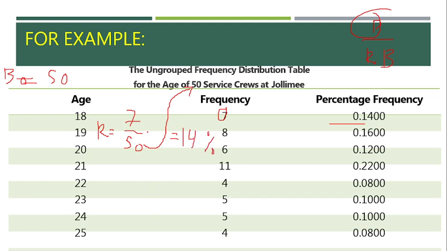14%. But, Sir Jai, why is it in decimal form? If we're going to put it in decimal form, obviously we move 2 decimal places, and that would be 0.14. Sir Jai, why does it contain 2 zeros at the end?